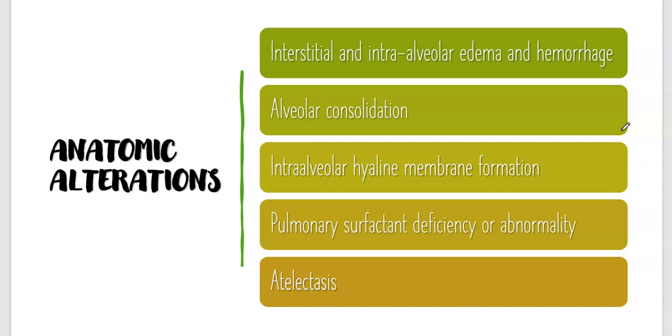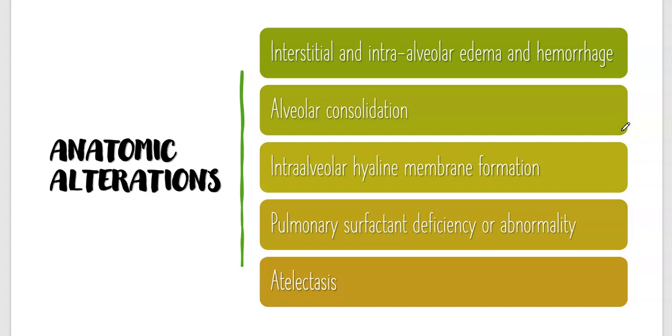Kasi parang balloon ang alveoli natin, hindi ba? Pwede siyang pumutok. And when you will have your rupture of your alveoli, that's where you have your atelectasis or your lung collapse. Alveolar consolidation, marami pong laman ang ating alveoli na dapat wala naman.